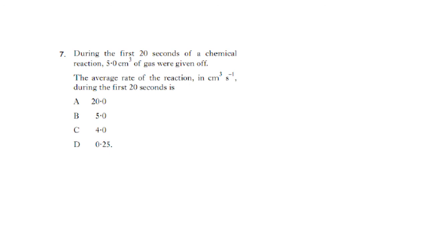The equation that you would use is change in quantity divided by change in time. Now 20 is 20 seconds, so that's our time. That means that 5.0 is our quantity. And 5 divided by 20 gives us 0.25 centimeters cubed per second. So our answer is D.